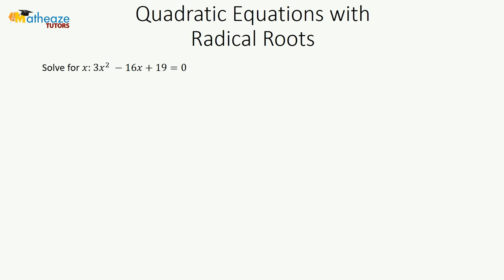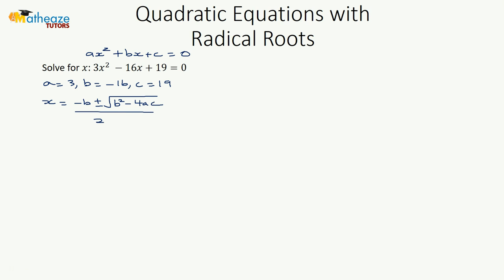And finally, apply the same method here. ax squared plus bx plus c equal to 0. So a is equal to 3, b is equal to negative 16, c is equal to 19. We know that x is equal to negative b plus or minus the square root of b squared minus 4ac, over 2a.